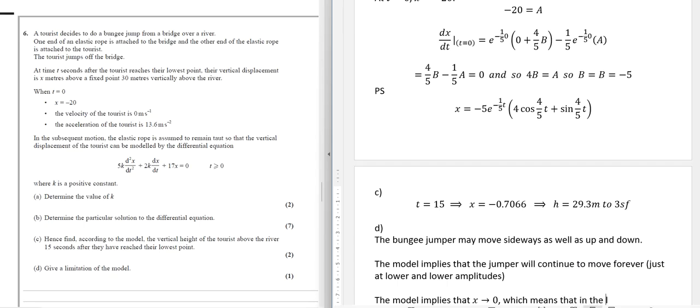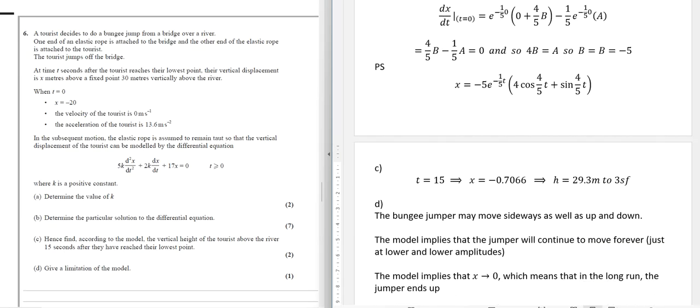Which means that in the long run, the jumper ends up at, I don't know, I was thinking that might be the point on the bridge, but they've just said it's a fixed point 30 meters vertically above the river. In fact, that might well be the equilibrium point.